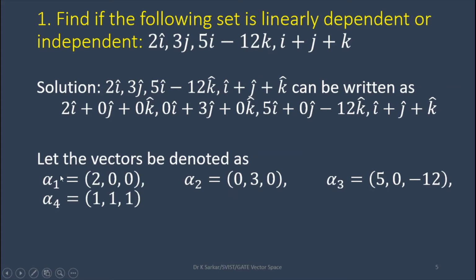Let us take the vectors as alpha 1, alpha 2, alpha 3 and alpha 4. So alpha 1 becomes (2, 0, 0), alpha 2 is (0, 3, 0), alpha 3 is (5, 0, minus 12), alpha 4 is (1, 1, 1).